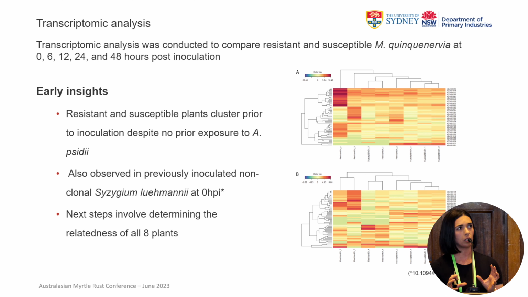So it indicates that, and again, very early on, but it does sort of point towards a possibility of there being a molecular pattern that we might be able to look out for in naive hosts. So even if we have hosts that have never been exposed to the pathogen before, we might have some fingerprints that we can look out for.